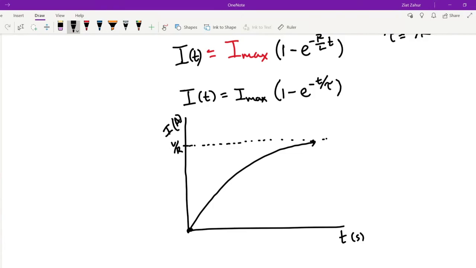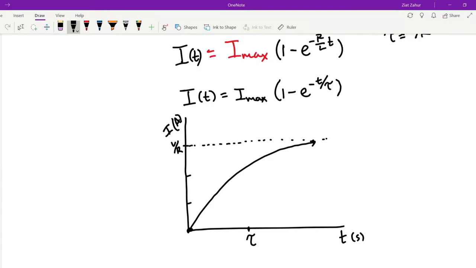Now after tau amount of time, what happens to our current?